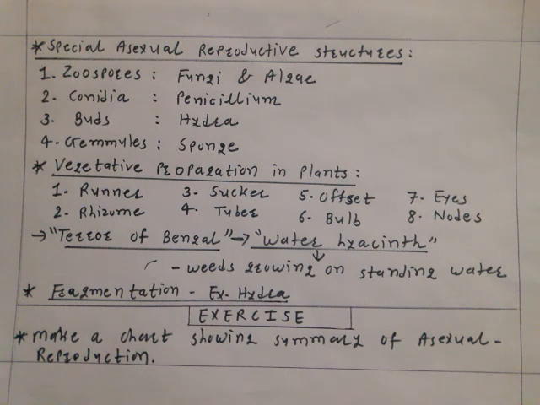Fourth, gemmules. Gemmules are common in sponges. Through gemmules in sponges, asexual reproduction takes place. So these are some special asexual reproductive structures observed in various living organisms for continuity of generation.